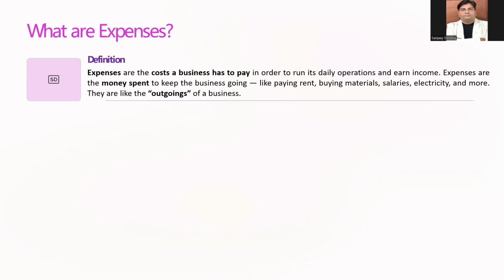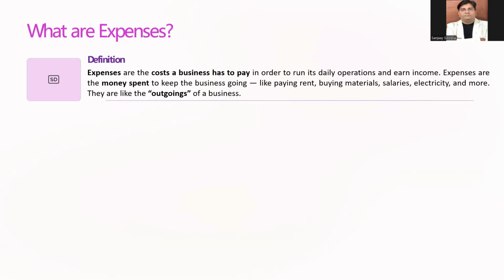Whenever you are running a business, in order to keep the business running, you will have to incur some expenses. For example, you have taken a shop on rent, you will have to pay the rent of that shop. You will have to spend some money in buying the goods that you will be selling from your shop.